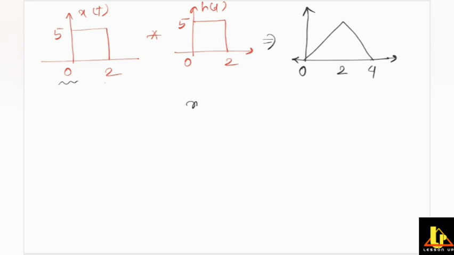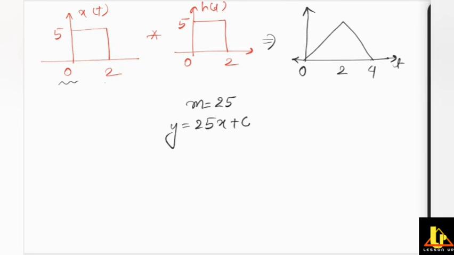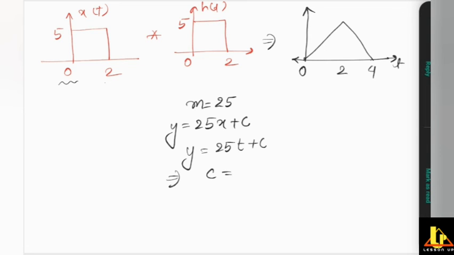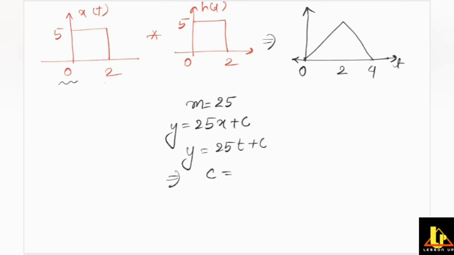And slope m is equal to the product of both the amplitudes, that is 5 into 5, 25. So y is equal to 25x plus c, and we are representing x with t. So you will get y is equal to 25t plus c, and initially if x is equal to 0 in y of t, then t is also equal to 0, then c is equal to 0.